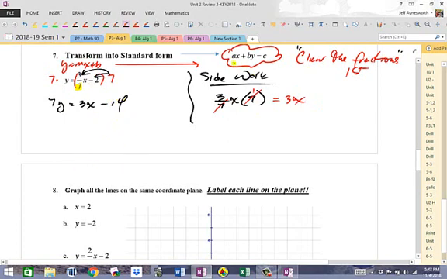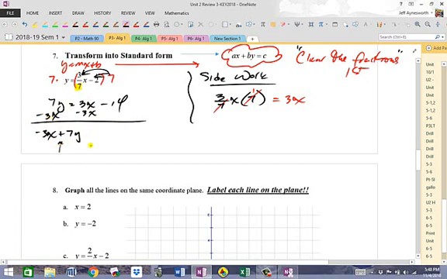Standard form is all about getting the variables on one side, so you got to subtract 3x here. When I say subtract, I'm talking about adding the opposite. So the opposite of 3x is negative 3x. Add the opposite on both sides and then write the result. Negative 3x plus 7y. It's positive, right? Notice the plus sign right there.